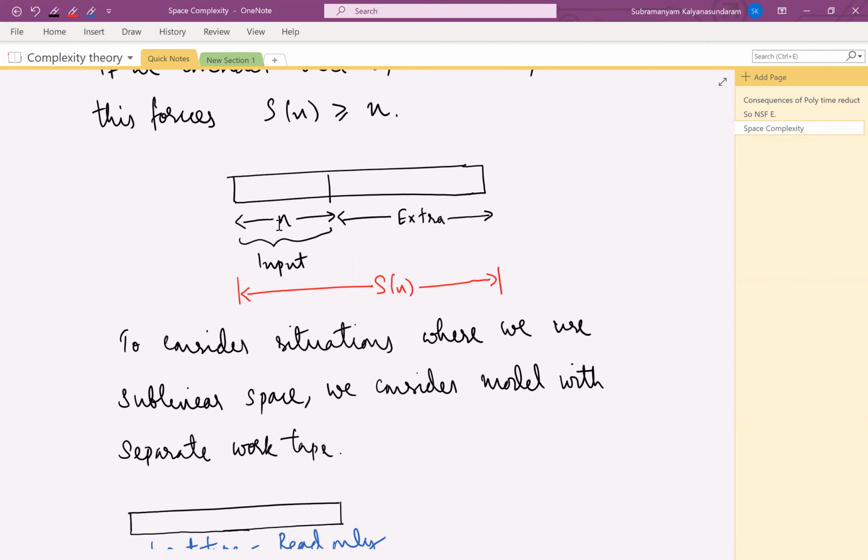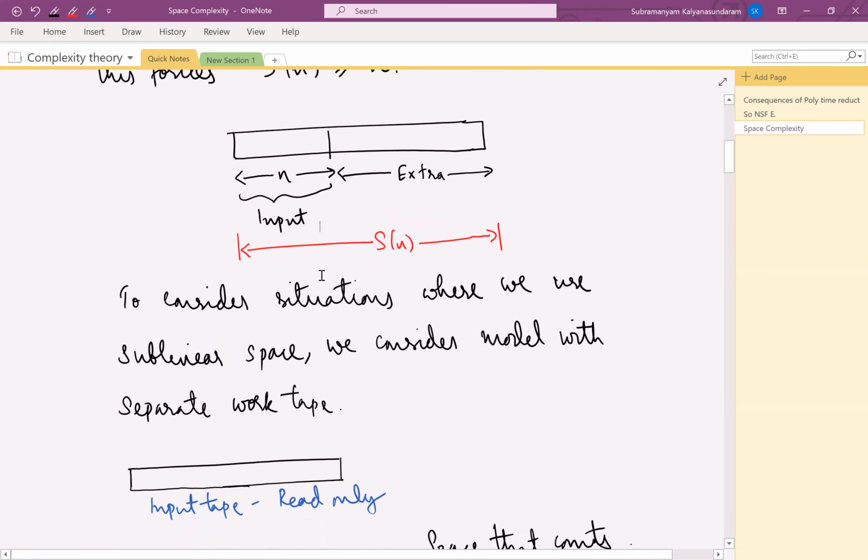Indeed, there are algorithms where, if you don't count the input space, the extra space used is only logarithmic in the input size. Once you have this idea, we realize that this particular model of counting the space is not ideal. So we want to move to a model where the space used by the input is not counted, and we'll have to change the model a bit.